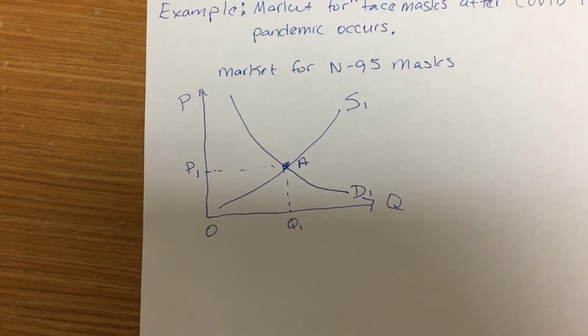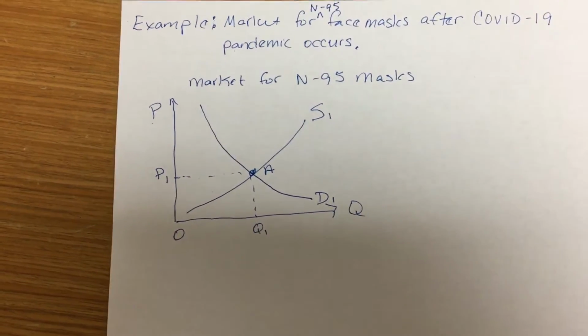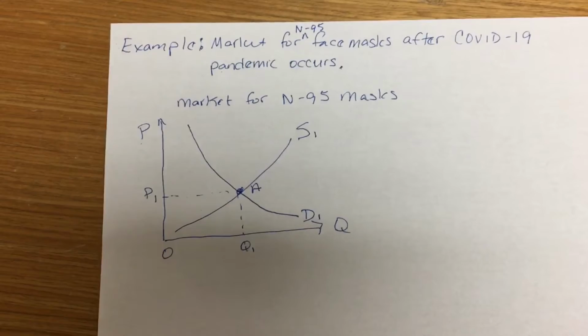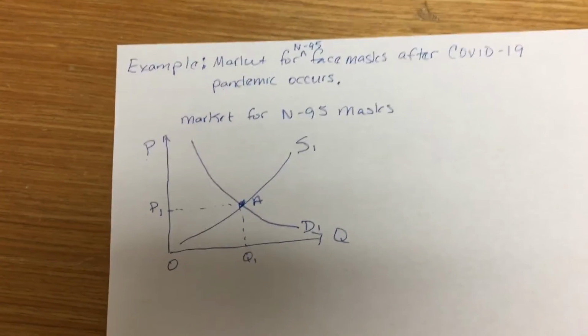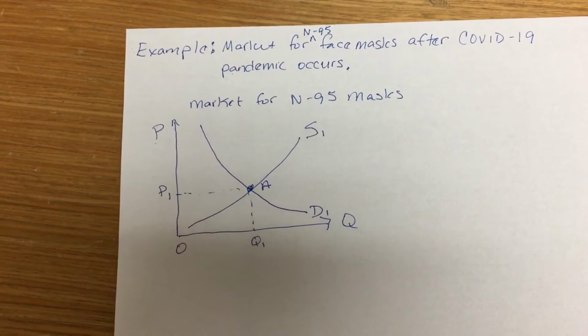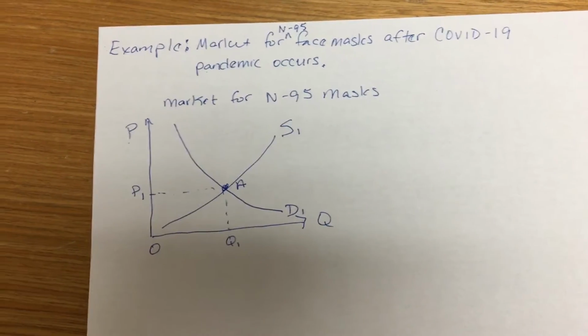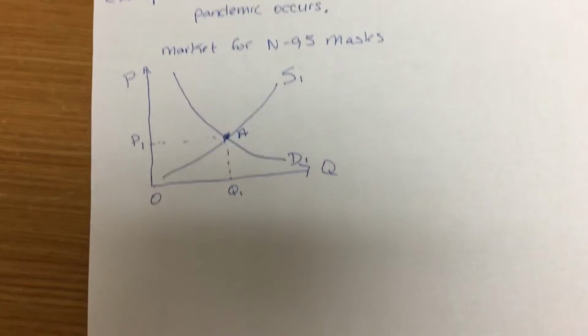Now if I look at my instructions, I've already completed step 1. Now I've got to decide whether this is something that would affect supply, affect demand. There are some rare circumstances where maybe both of these would be affected, but we're going to go after the most obvious one right now, and that is that a lot of people started going after those N95 face masks.